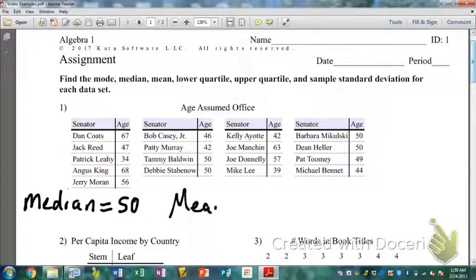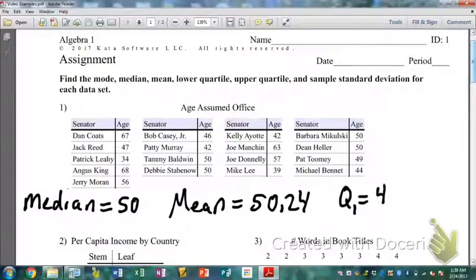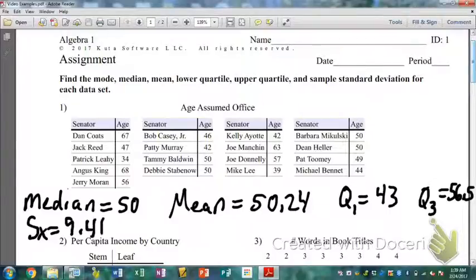On the mean, we had 50.24 because we rounded to 2 decimal places. Q1 was 43. Q3 was 56.5. Standard deviation, which I told you to write SX, is 9.46. There's all the ones our calculator gave us.